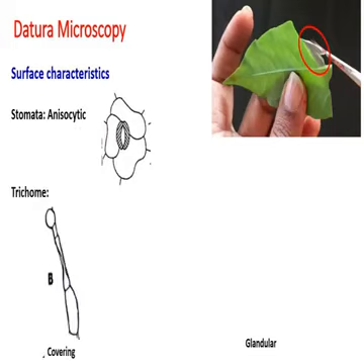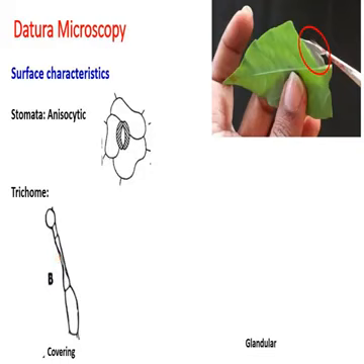Next is trichome. Trichomes are superficial hair-like outgrowths given by the epidermis. These outgrowths protect the leaf from microbes or pests. Most leaves with trichomes secrete sticky substances and prevent smooth-skinned insects from grazing or crawling upon them.